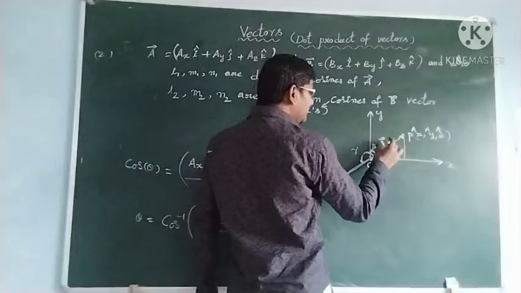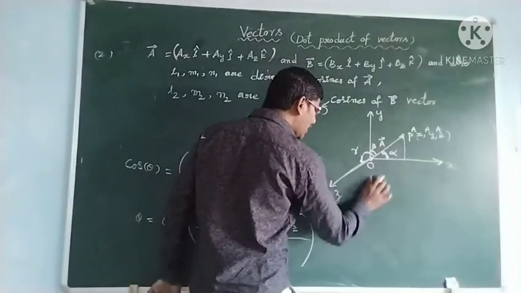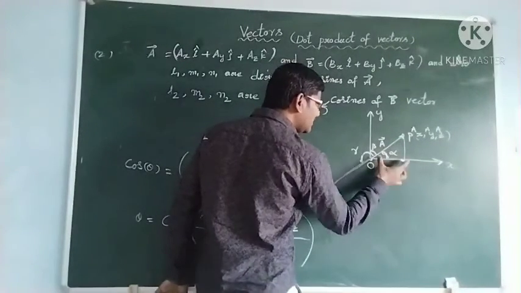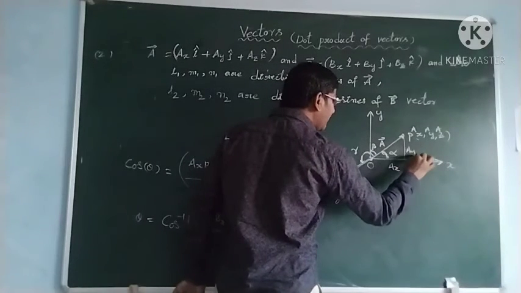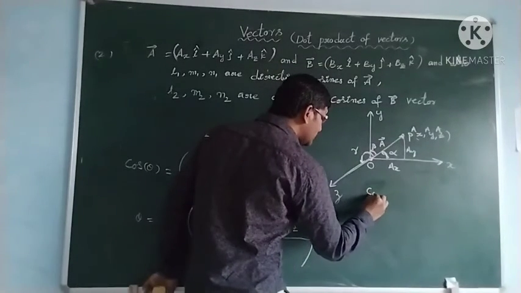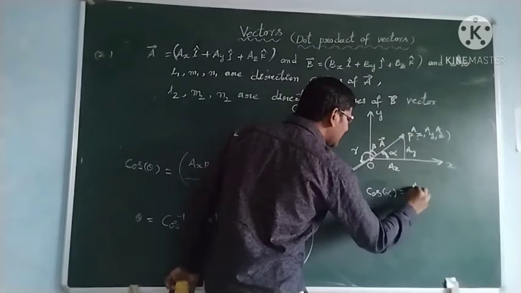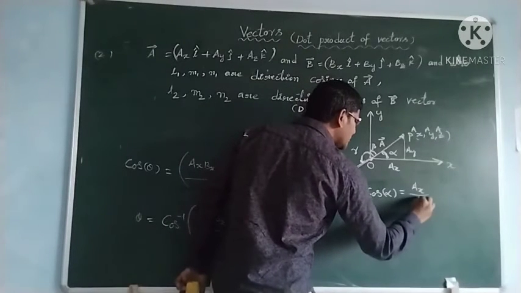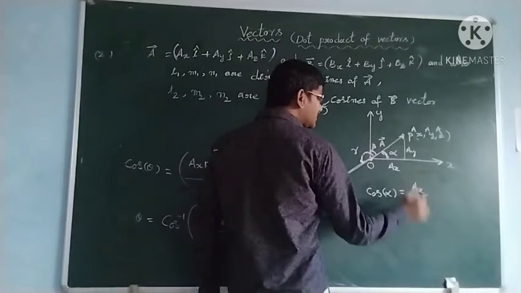If the a bar vector's x component is ax, and this is the y component ay, then what will you write, students? Cos alpha is equal to the adjacent side ax by the hypotenuse a, it is just simply the ratios. Ax by a.